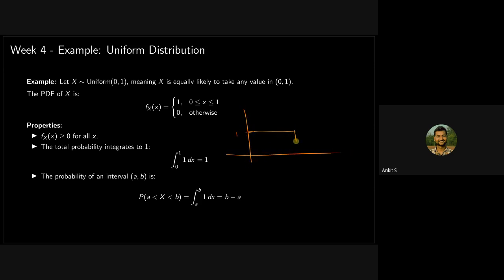Its height will also be equal to 1, so that the total area will be equal to 1. If you want to calculate the CDF at some point, it will be the area up to that point. This is how you integrate the PDF. The PDF is 1, and you integrate it from 0 to 1, you will get 1.